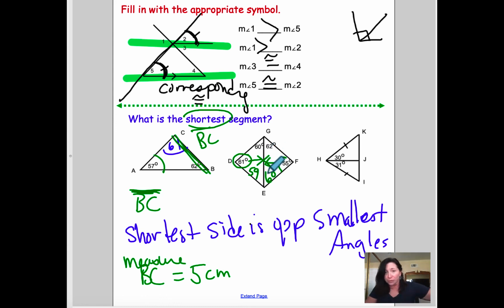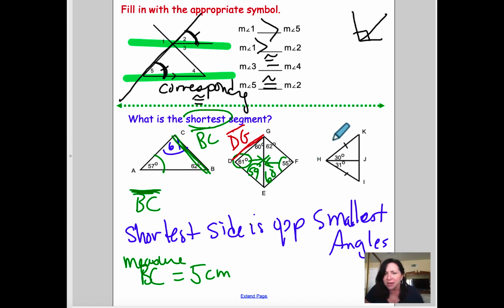It's out of the running. Now you go to the next smallest angle, which is 59, which means this line here, DG, is now my smallest side. That is such a trick question. Okay, but that is it.